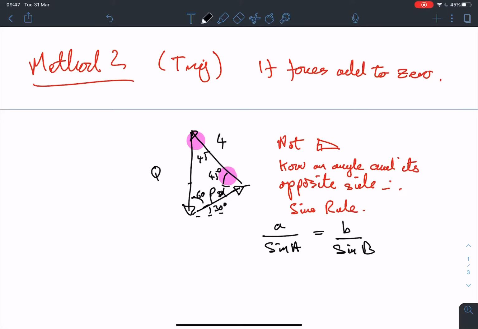Okay, and now we just choose which we're going to find first. We've got the choice, P or Q. So if we choose to work out P first, say, we're going to have P over sine of 45 is equal to 4 over sine of 60.